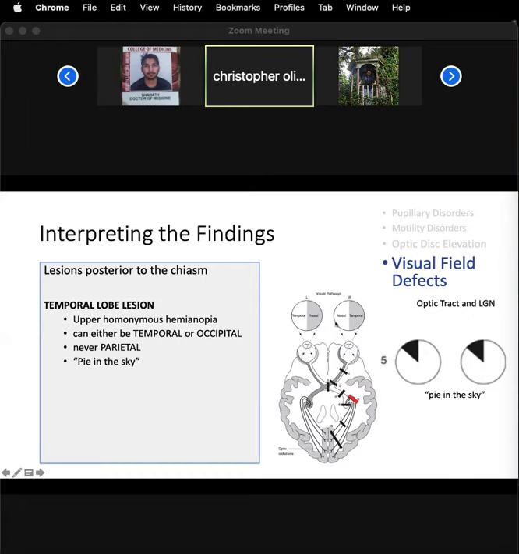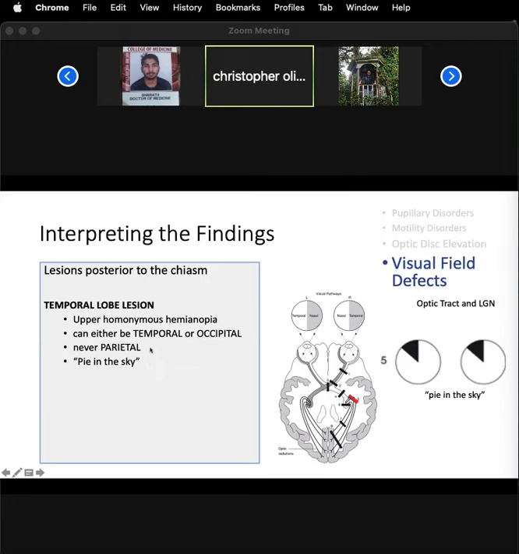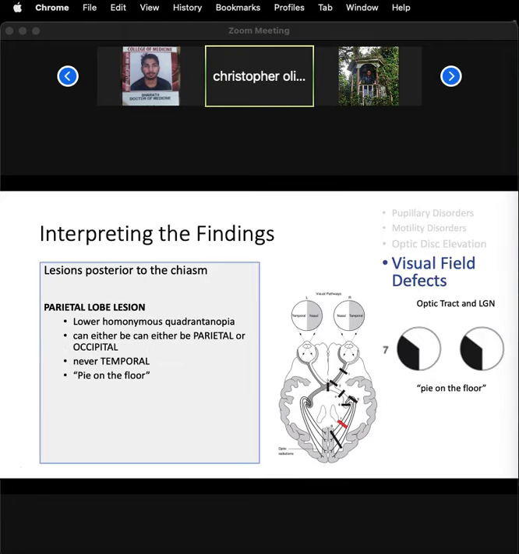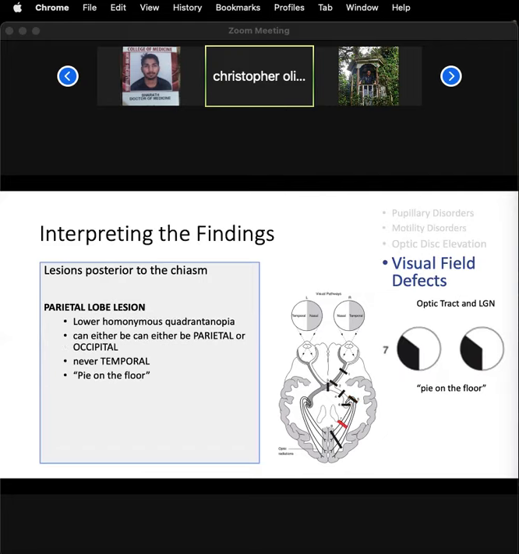You have a temporal lobe lesion. Lower naman siya for parietal lobe lesion. So, pie in the sky, upper homonymous, lower homonymous, pie on the floor. So, it's parietal lobe lesion. So, for your mnemonic, parietal, pie on the floor. Okay.